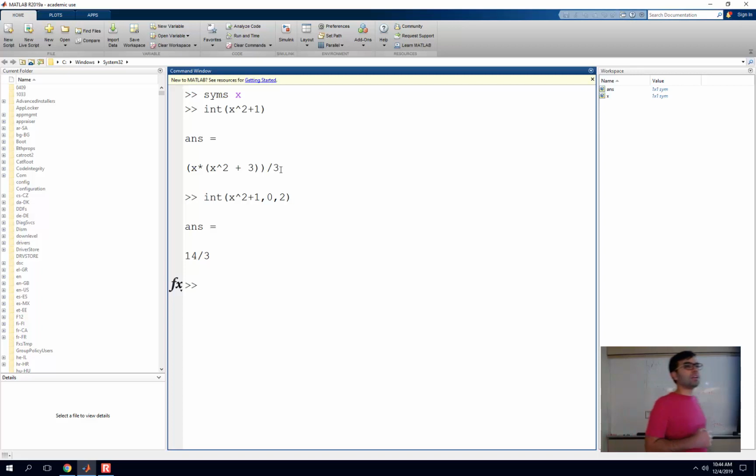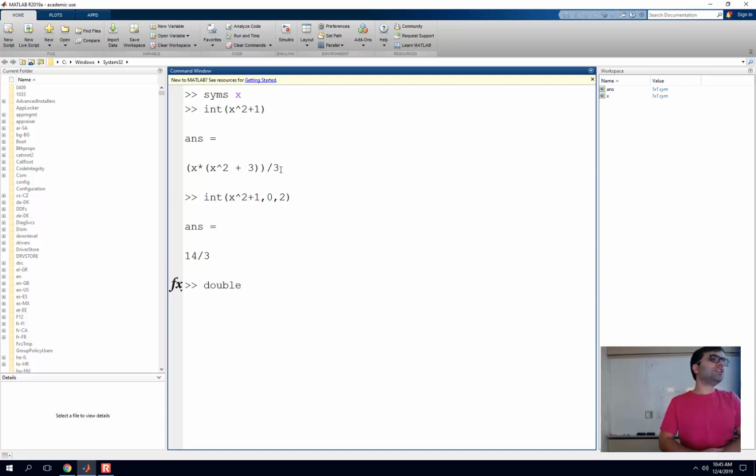That's why you don't get 4.67 or so. Now, if I want to translate that into a number, into a scalar, that I can multiply by and do all sorts of stuff with, I need to transform it from symbol to a value. How to do that? There is a function called double.